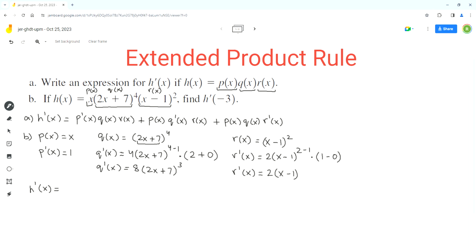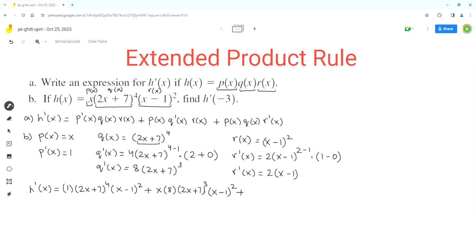So that will be p prime at x, so we got 1 times q at x, the second function, which is (2x plus 7) exponent 4, times the third function r at x, which is (x minus 1) squared, plus now the first function, which is x, times the derivative of the second function, so q prime at x, which is 8 times (2x plus 7) cube, times the third function r at x, which is (x minus 1) squared.